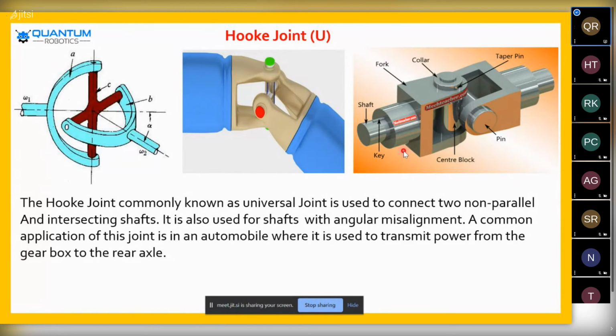And the taper pin: if we fix a screw for that, it can be tightened almost fully, but sometimes it may become loose, and the connection may be lost. If you give the taper pin for that, it won't have any chance to escape unless the person physically removes the taper pin.